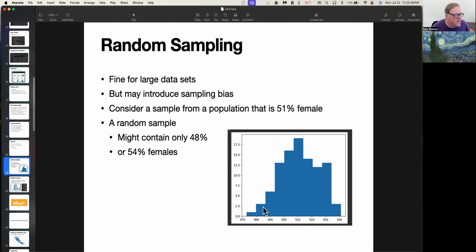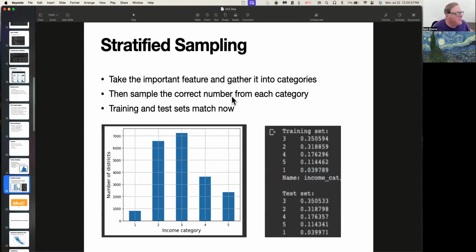So if you make a random sample, it might contain only 48% women or 54% women, and then your random sample would really not be representative of the population. So instead, you do stratified sampling, where you break it into categories and make sure you have the right percentage of each of those categories so your sample is not biased.